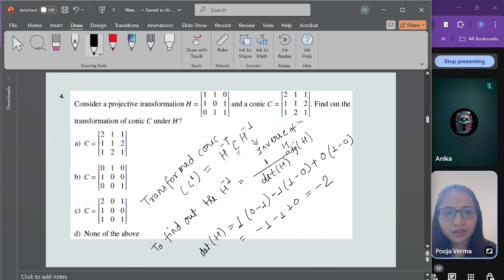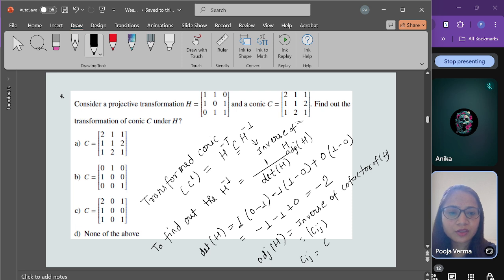Okay, similarly, we have to calculate the adjoint of H. The adjoint of H is basically the transpose of the cofactor matrix of this matrix. The cofactor is called Cij. So first, C first row first column.